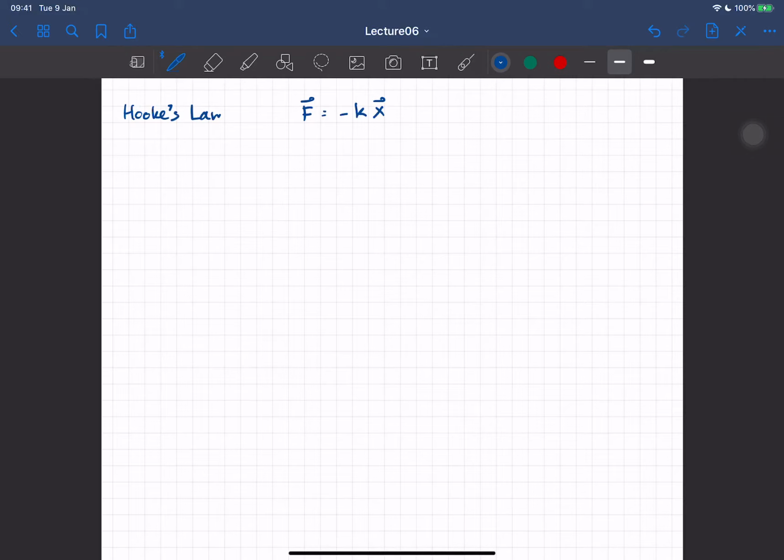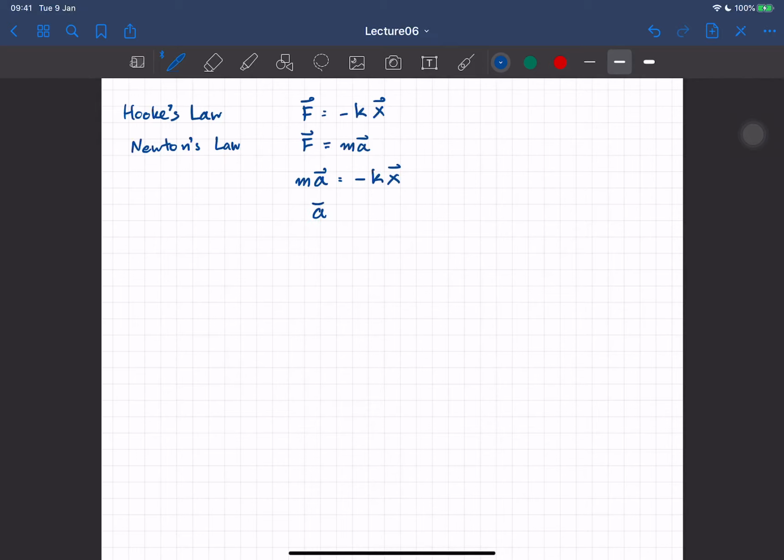But we can use Newton's second law of motion, Newton's law that says F equal to ma. So you can put this into Hooke's law and get this equation of motion, which is ma equal to minus kx.